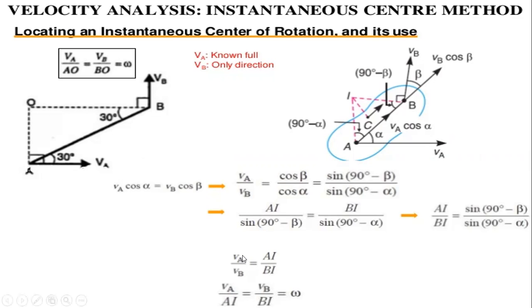So in total we get the value velocity of A by velocity of B, that is instantaneous center of A by B. In total we get the value as VA by AI is equal to VB by BI, that is the angular velocity omega.